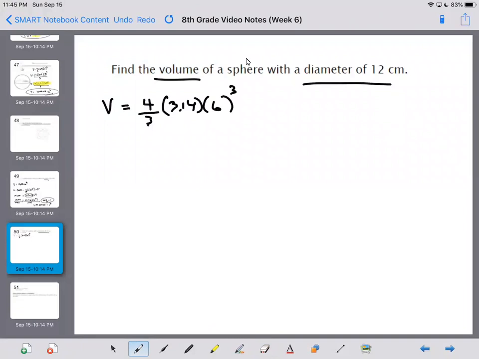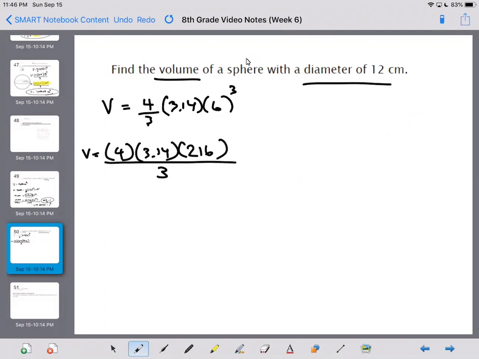So if I take 6 and cube it, I'm going to get 216. And I'm going to multiply that by pi, and then multiply that by 4, and then divide all my answer by 3. That would also be the same as just multiplying by 4/3.